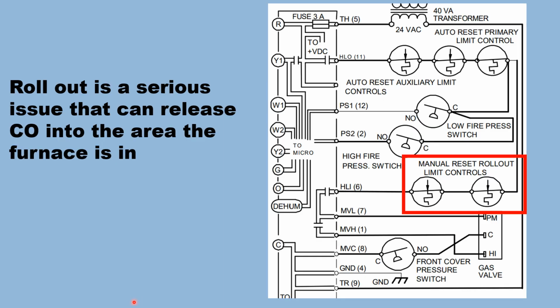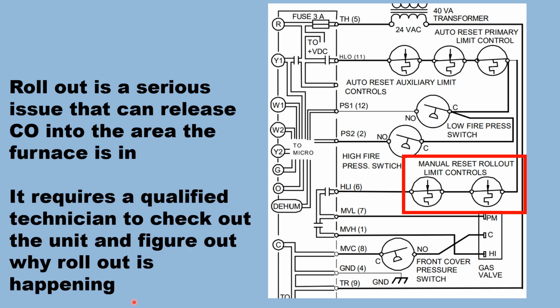And that's why it requires a qualified technician to check out the unit and figure out why rollout is happening. That's the furnace's way of letting you know that you need to get someone out there.